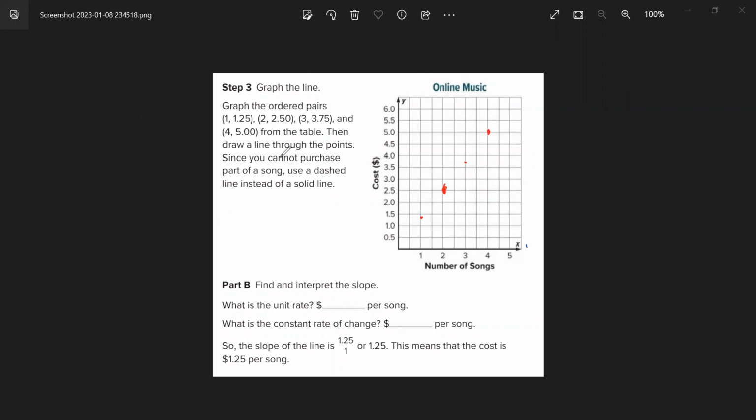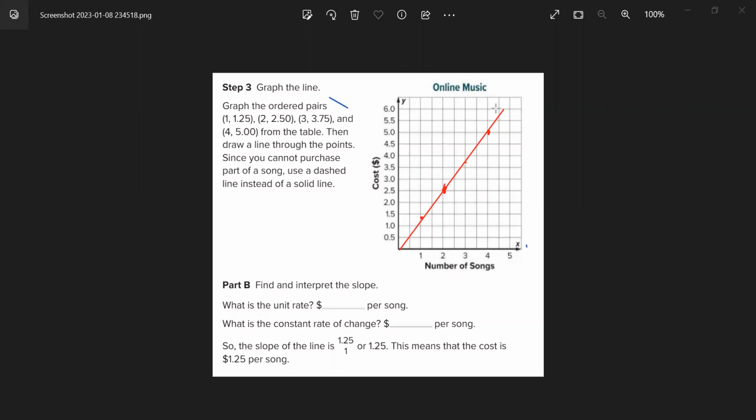Okay. So next, we need to connect the dots to make our linear equation as a graph. Then we need to find and interpret the slope. Remember, the slope can be found with 2 points, any of them.